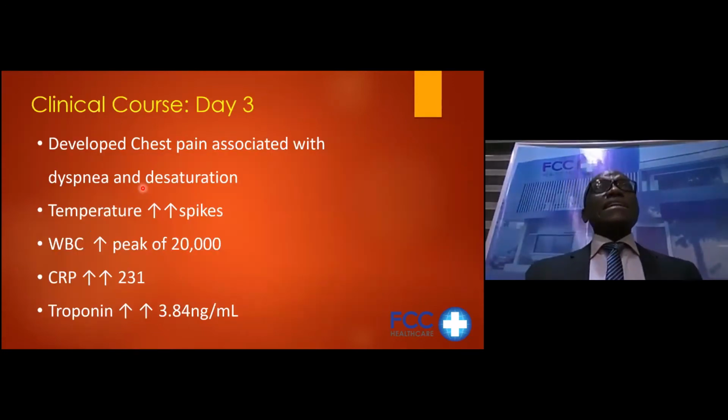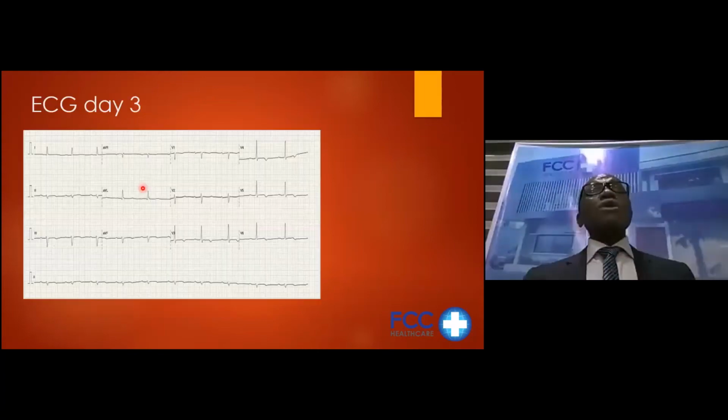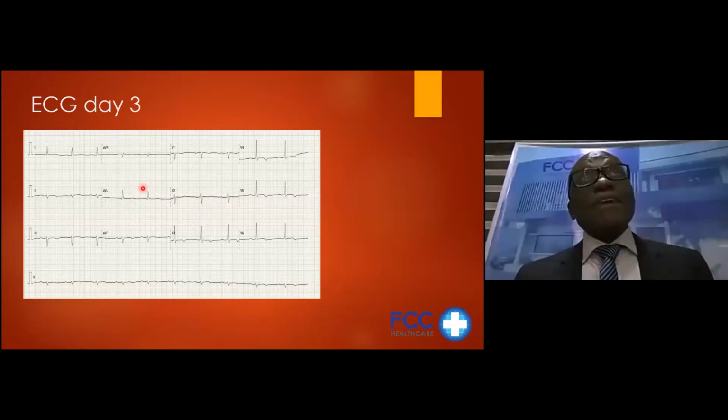So, like I said, he developed chest pain and his temperature started spiking and his white count started going up and his CRP started going up and troponin, while we were monitoring, increased several fold, about 4 times to 3.84. And when we repeated his ECG, now we see subtle abnormalities again, but of a different kind.